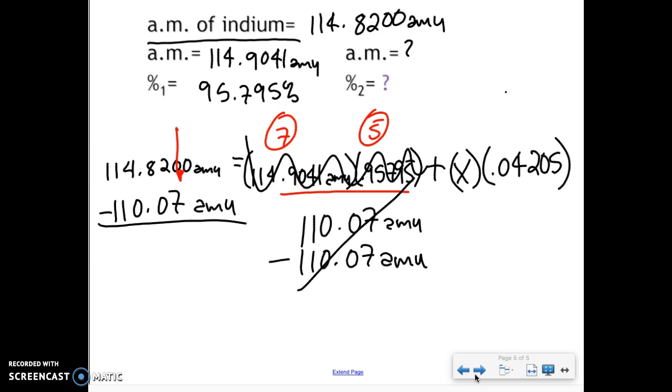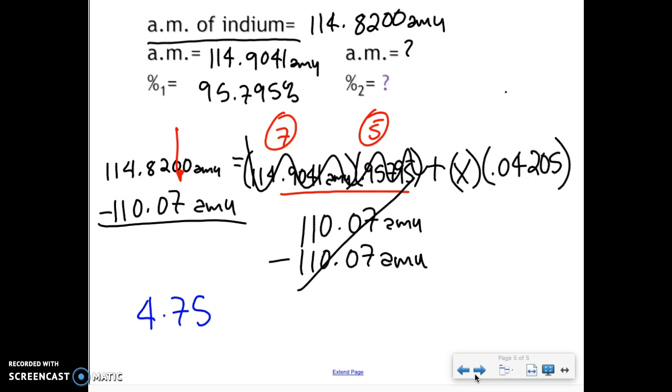So I'm going to take 114.8200 minus 110.07, and I get 4.75. That's awesome because that's already at the hundredths. So 4.75, and I'm going to write what I have left over here.